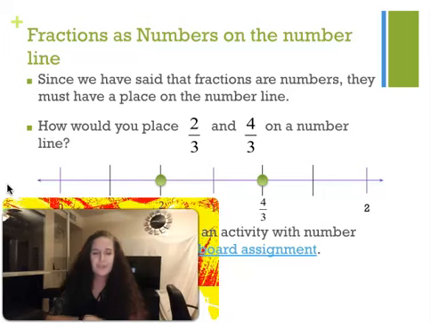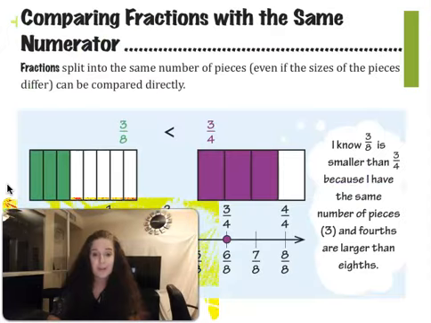A lot of you are used to comparing with common denominators, but we're actually going to compare with common numerators as well. And then we'll even compare with benchmark fractions, which is a really important thing. Like, what's a benchmark fraction? Well, fractions that we kind of understand, like 1/2 or 3/4 or 1/4.